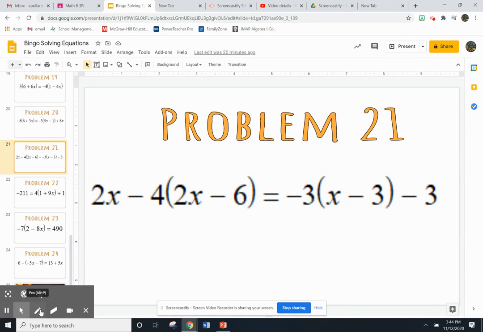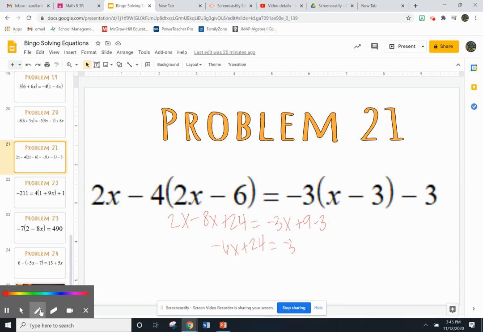All right, so for this problem, we will distribute, so we get 2x minus 8x plus 24 equals negative 3x plus 9 minus 3. Then we do everything on the left, so 2x minus 8x is negative 6x plus 24.